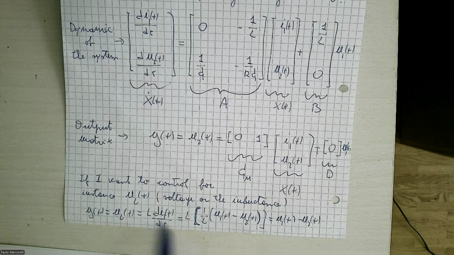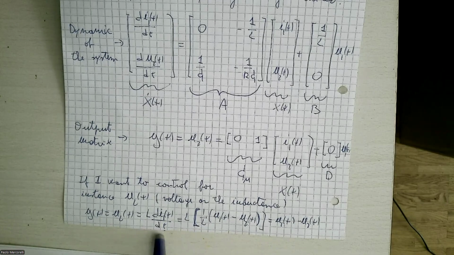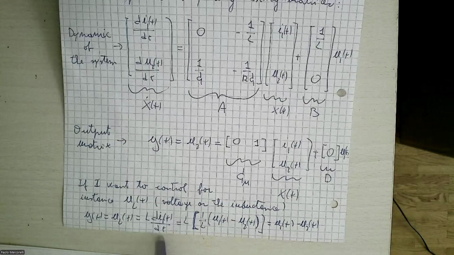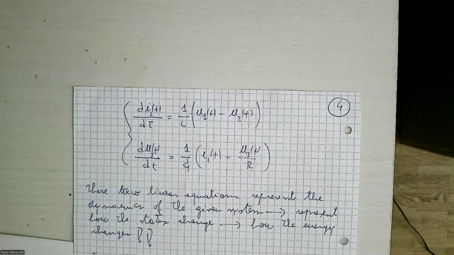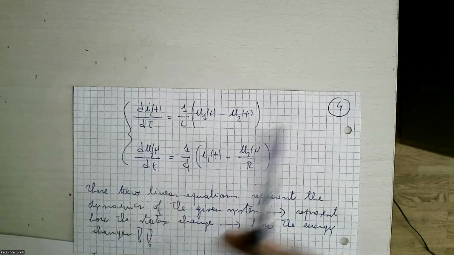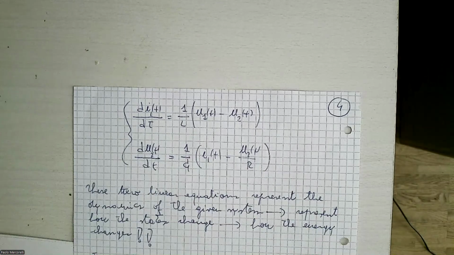Why that? Because the derivative of I1, excuse me, with respect to time is already known, is something structural which comes from the system. We cannot neglect this structural equation.